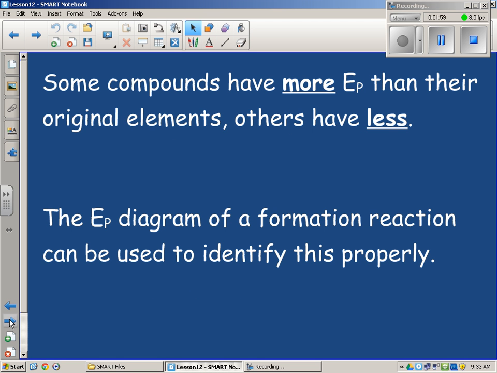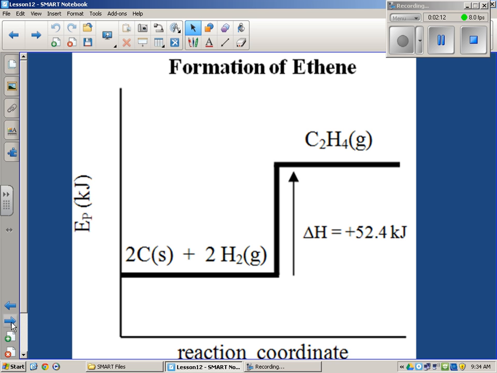Some compounds have more potential energy than the original elements. Others have less. It just depends. An EP diagram of a formation reaction can be used to identify this property. So, for example, the formation of ethene, C2H4.